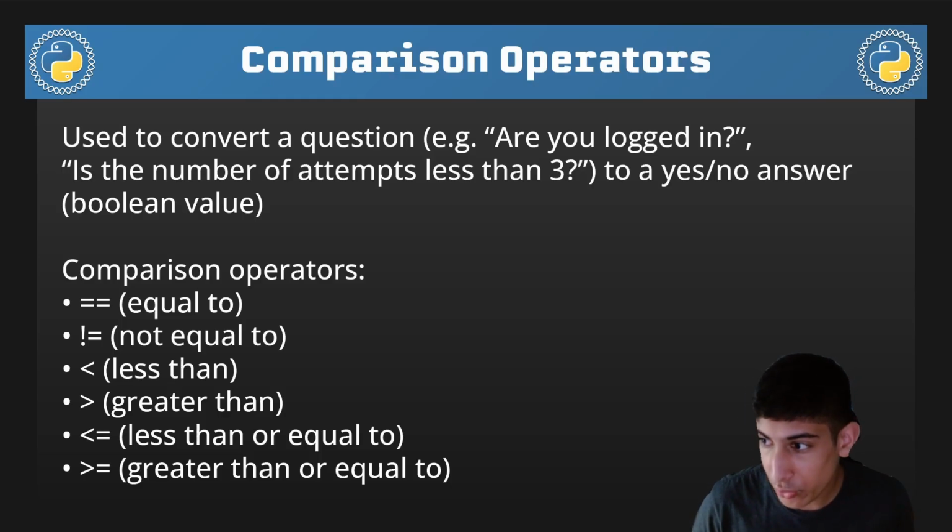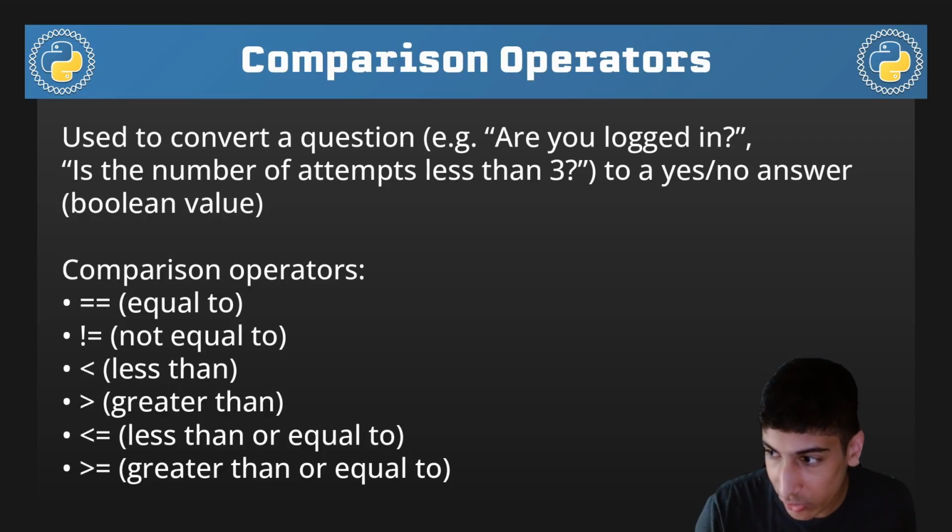And so in order to do that, we can make use of comparison operators that we could use to convert a question into a yes or no answer or a Boolean value. And from there, we can check if that value is true, and if so, we can run specific code. Or if it's false, we can also run other code.